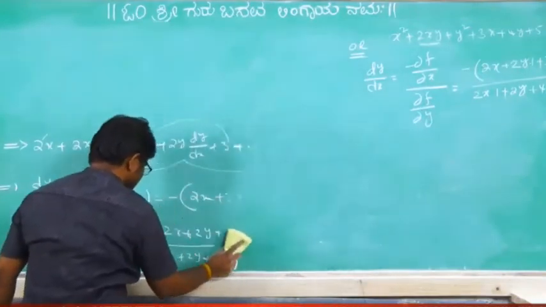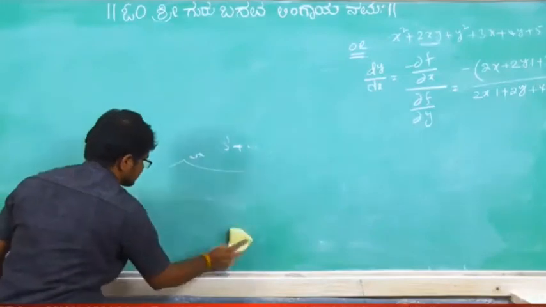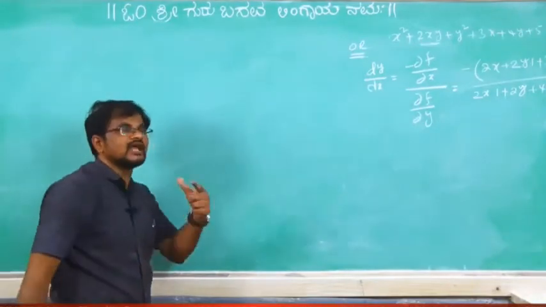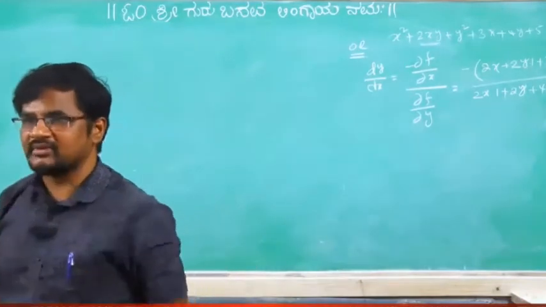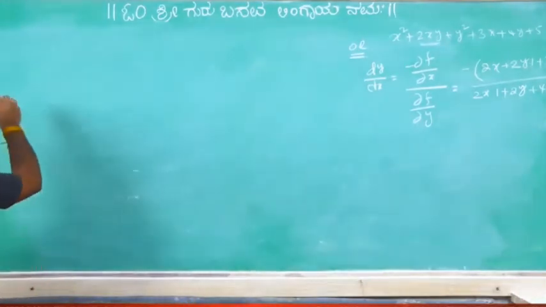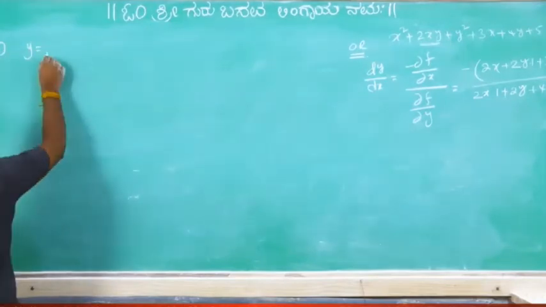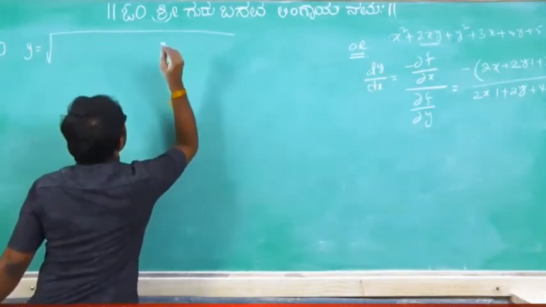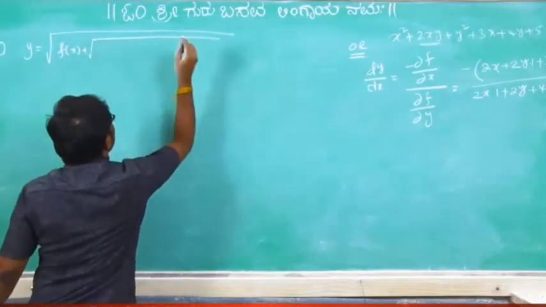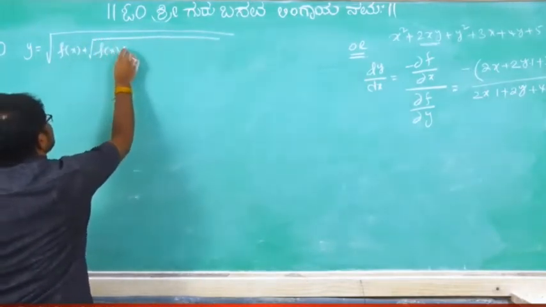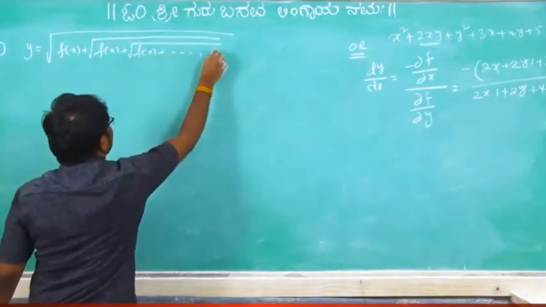So this is one type of problem in implicit functions, and the second type, in this implicit function, one more model problems are there. So in that, first one I will take y equal to root of f of x plus root of f of x plus root of f of x up to infinity.